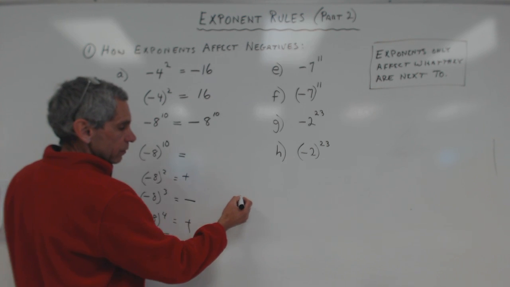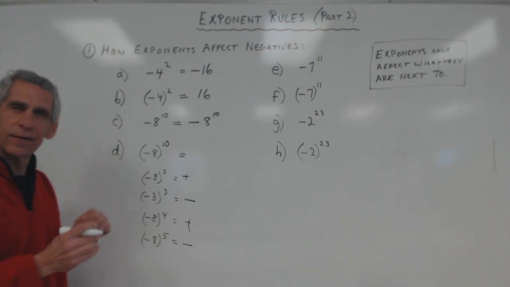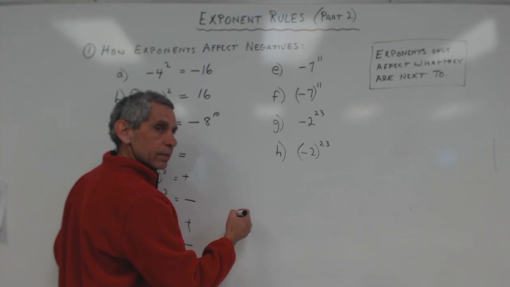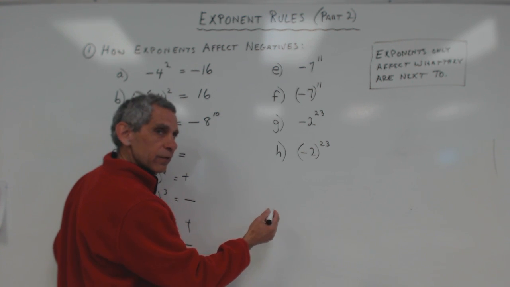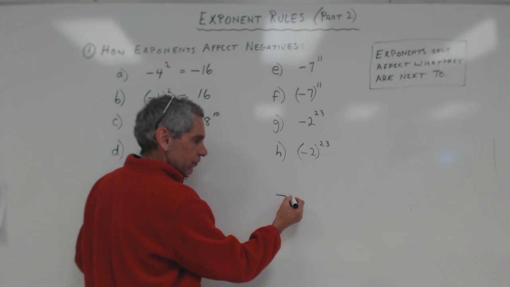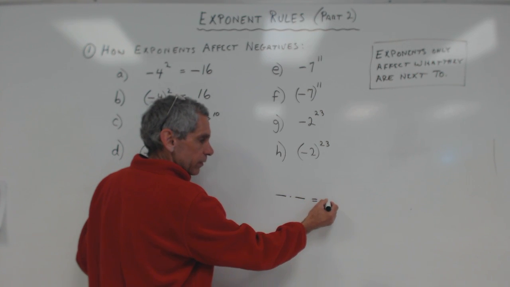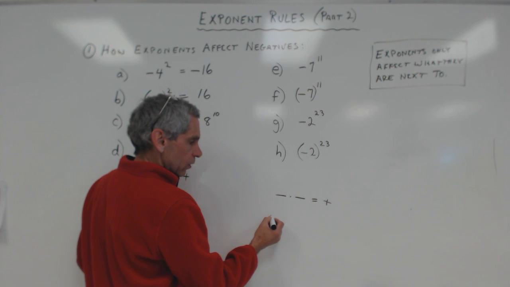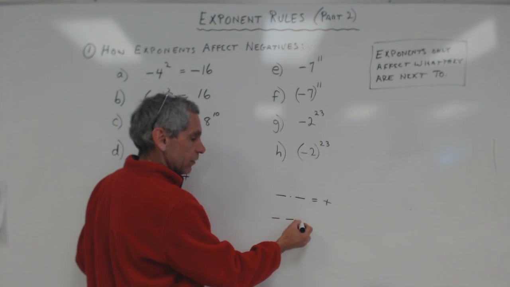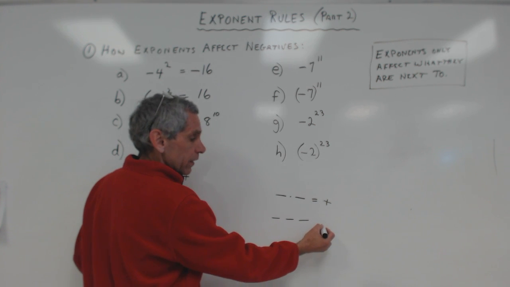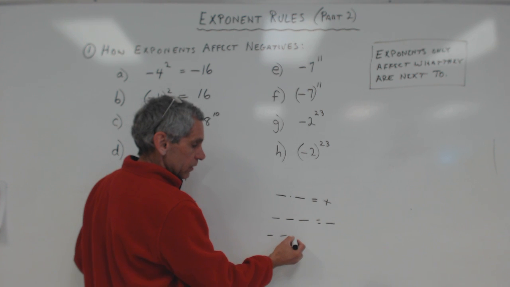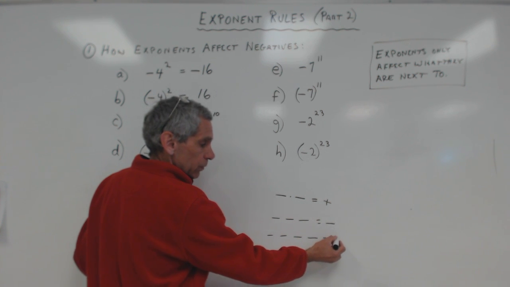Whenever you have, let's see, did I explain this once a while back when we were talking about multiplying? Forget about the exponents for a second. Remember I said negative times a negative is equal to a positive, right? But what if there was something that had 3 negatives? A negative and a negative and a negative, it would be a negative, right? And a negative times a negative times a negative times a negative would be a positive.